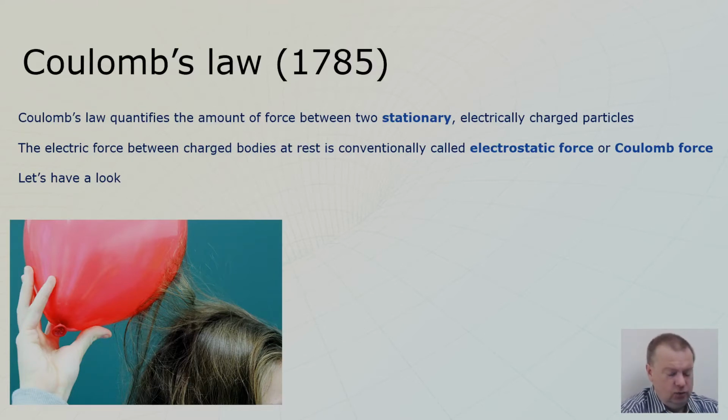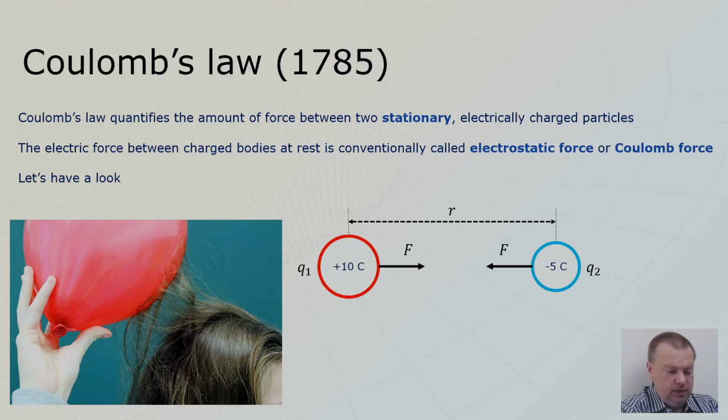And your hair also has some charge, probably. And when you move the balloon to your hair, the electrostatic force tries to pull the hairs to the balloon. So that's what happens. And Coulomb knew this phenomenon, and he wanted to know how much force. What are the variables making up this force?